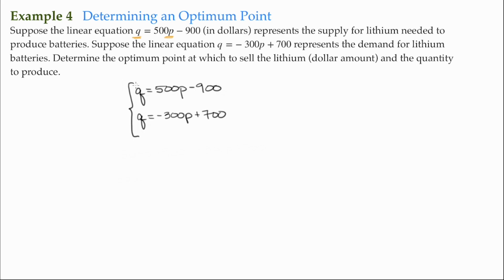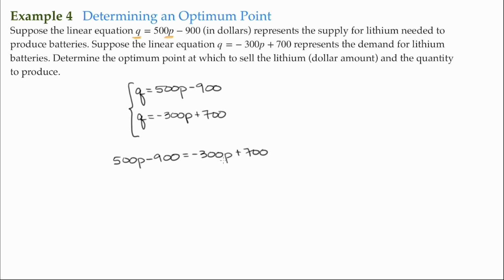Now, each of these equations is already solved for one of the variables, Q, so we're just going to go ahead and make them equal to each other so then we could solve for P. So I'm going to write 500P minus 900, and we'll make that equal to the other equation, which is negative 300P plus 700.